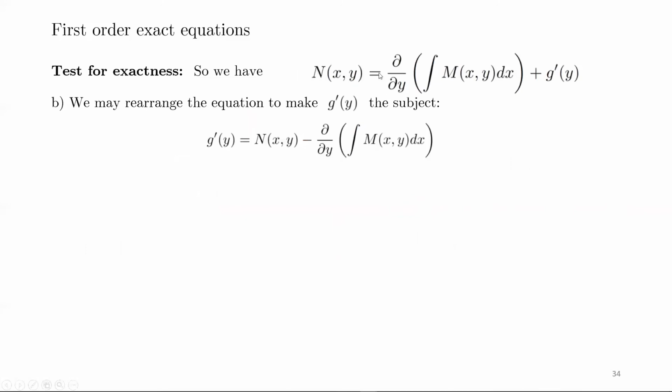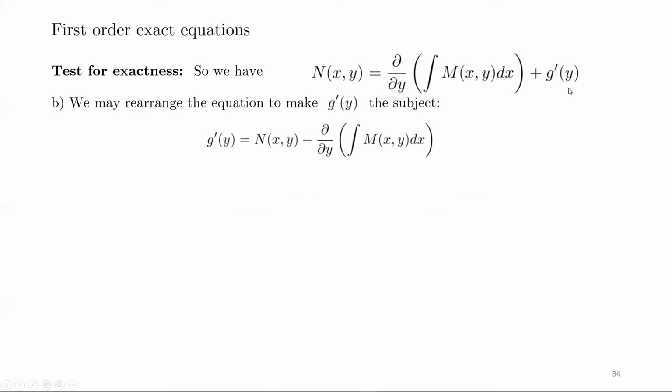But in a specific case where we have an ODE, we already know what n is equal to. So what we can do is rearrange this equation for g prime.